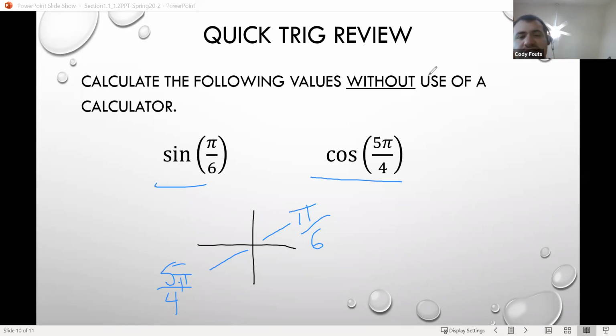So at pi over 6, remember, our x and y values there were root 3 over 2, comma 1/2. And remember that sine is the y value. So here we have the sine of pi over 6 is 1/2.